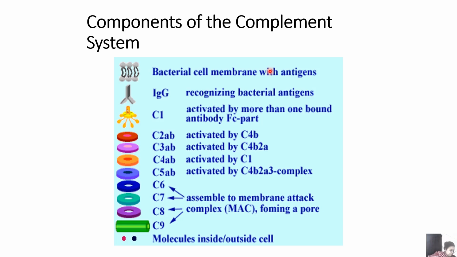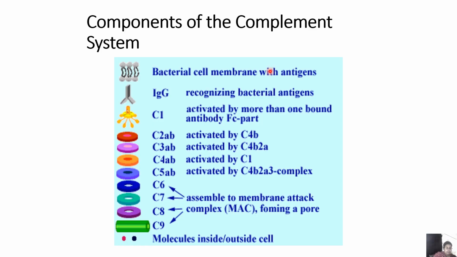Then C1 cleaves C4 into C4a and C4b. C2 is also cleaved into C2a and C2b. C4b and C2a give rise to C3 convertase. Now it's the C3 activation step. C3 convertase cleaves C3 into C3a and C3b, and this is the central and most important step.